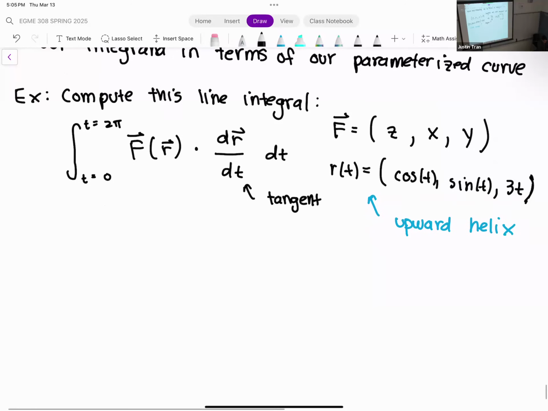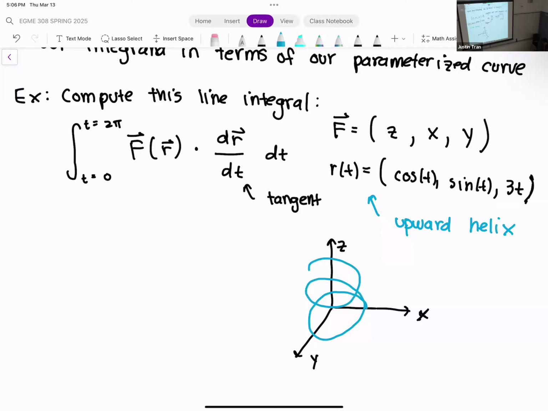And so if you were to plot this out, right, we have a three-dimensional axis here. An upward helix is going to be one where we go upwards like this.